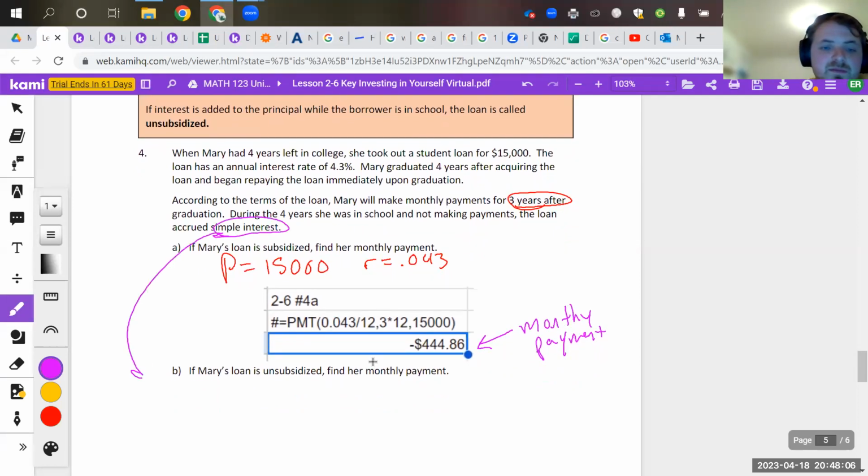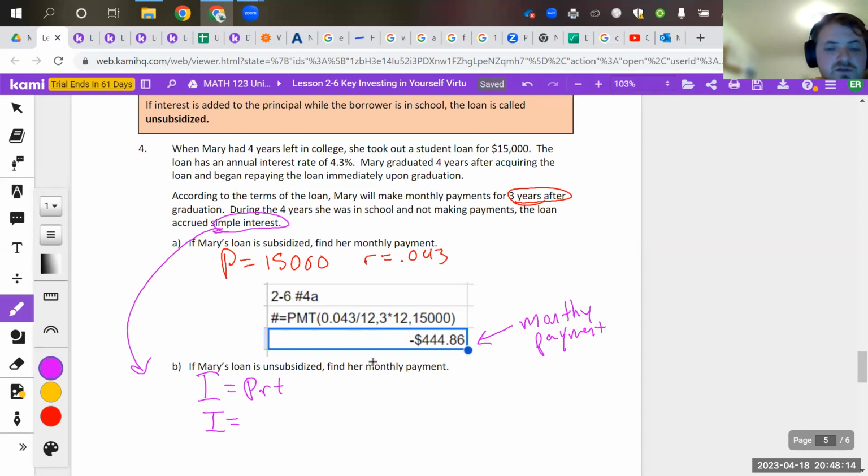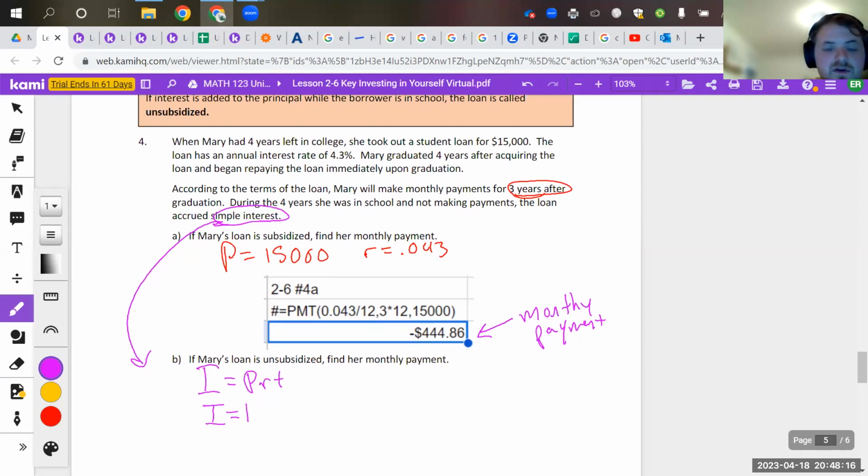So that's going to be for part B. If it was unsubsidized, her interest that she just had to deal with while she was not paying her loans off, her principal was $15,000. Her rate was 0.043. And the years that it took up, it was 4 years that it took up.